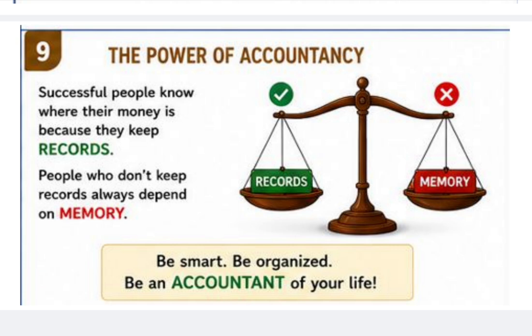People who do not keep records always depend on memory. What will happen? They lose cash, they lose business, they lose themselves. Be smart, be organized, be an accountant for your life, so that you will be disciplined and you will know where you stand in a financial manner.